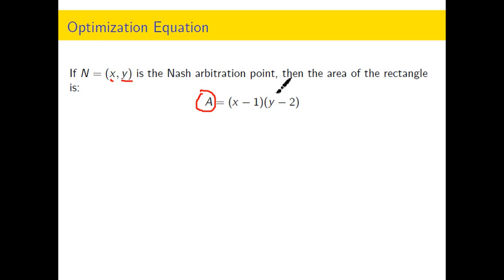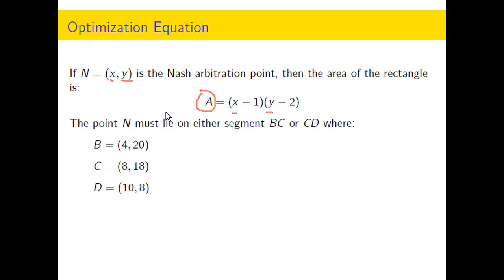So this is the area of our rectangle. The problem being it has two unknowns. So like all optimization problems, there are some constraints, and we're going to be able to use those constraints to eliminate a variable, and then we'll be able to do typical calculus 1 differentiation.